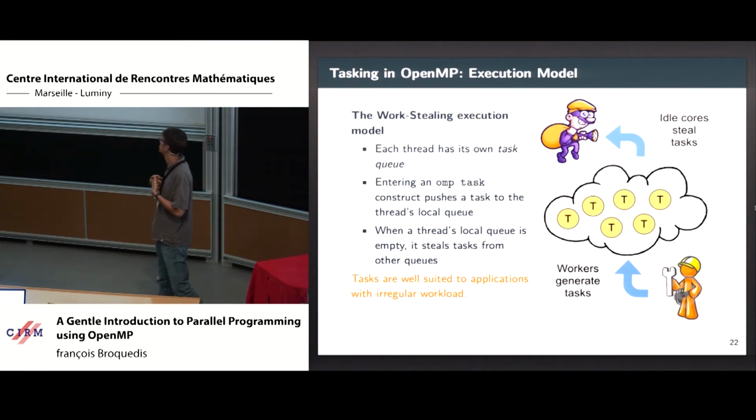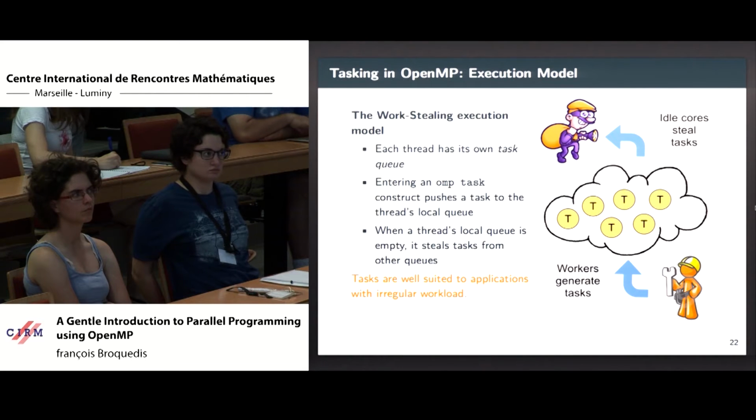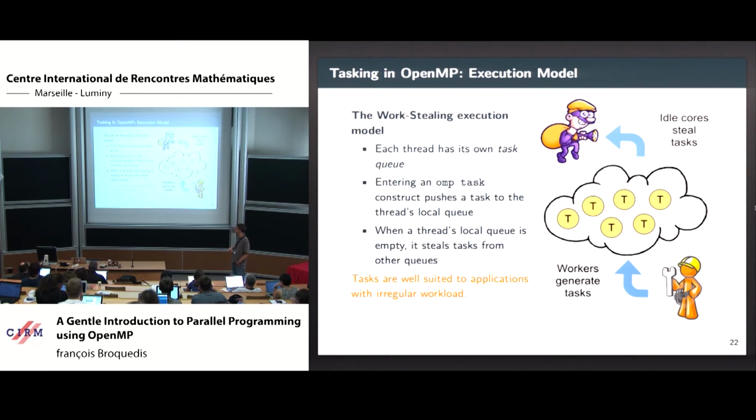And when you end up with no more work to compute from your local queue, you will try to steal tasks from other queues. So what's to remember here is that tasks are well suited to applications with irregular workload because you have this load balancing mechanism between OpenMP threads.